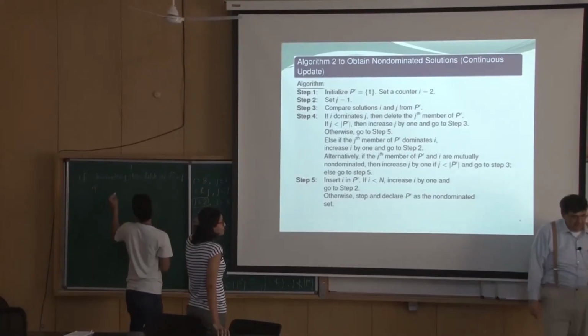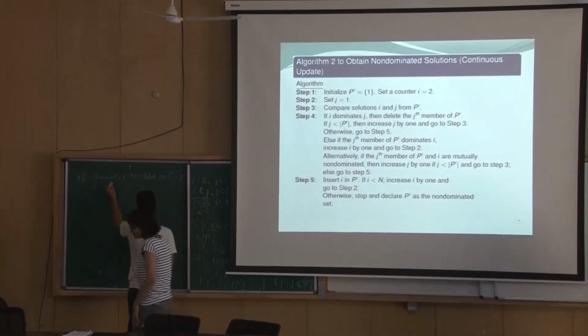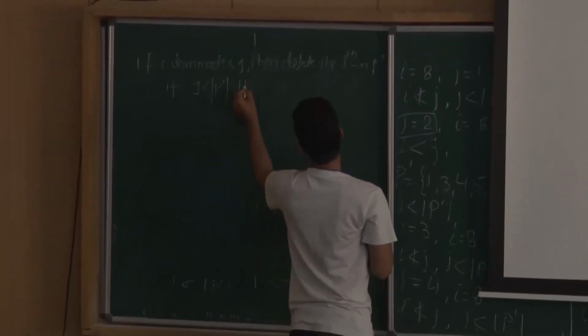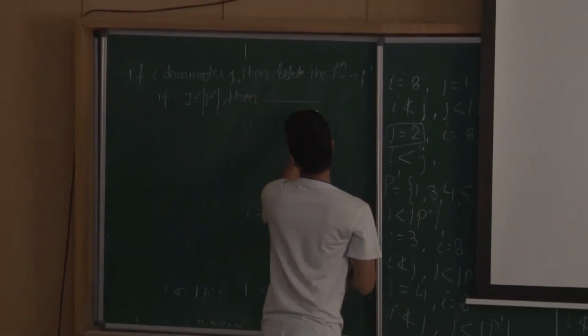I think this guy already got it. So first, yeah, you do only j equals 1, that's all you do. And you get 1 and 2.